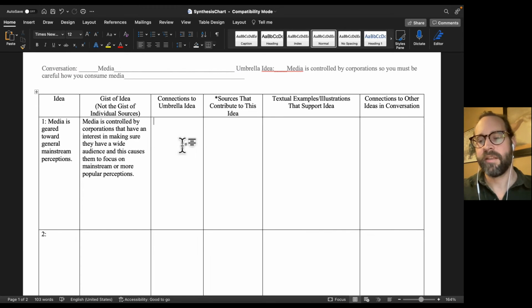This can limit the ability of non-popular or non-mainstream ideas to be heard. So that might be an idea of how you're connecting it to your overall umbrella idea there.